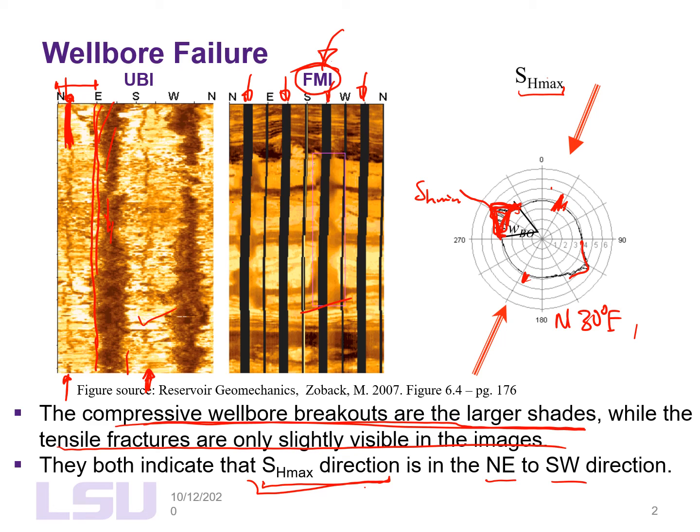That's the direction of SH max, and that's what's written here. So northeast, this is north, this is east, and going to the other side is southwest, right? And that's why it's written as northeast to southwest, but more specifically, this is how we're going to write it: north 30 degrees east.